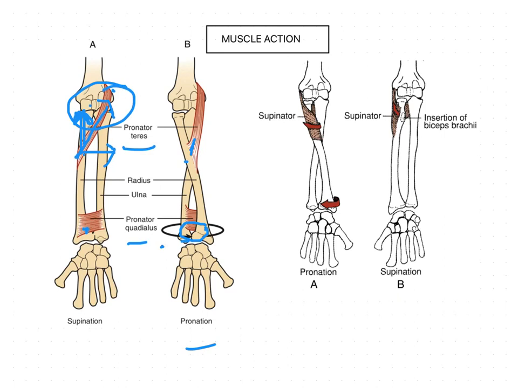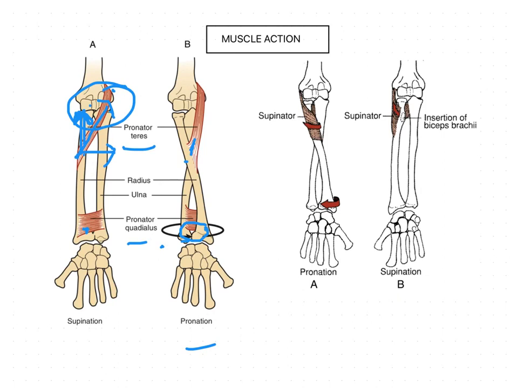And some studies, mechanical studies on cadavers, have found that the pronators were most efficient around the neutral position of the forearm, that is, when the elbow is flexed to 90 degrees.